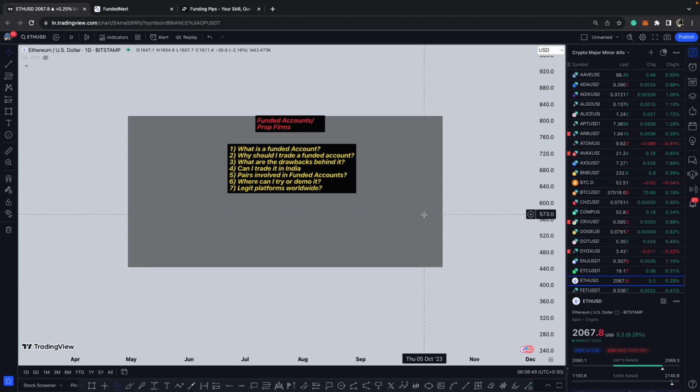My fourth point is whether you can trade it in India or not. You are allowed to do that. There are some restricted zones where you cannot trade a funded account, but when it comes to India, it's quite good that we are able to trade it. You do not have any laws against it, or the government prohibiting that.